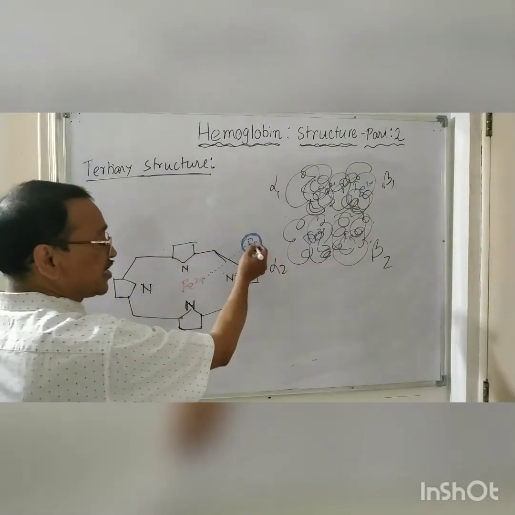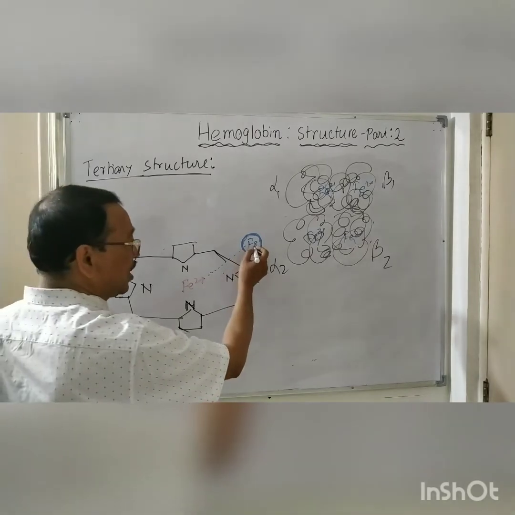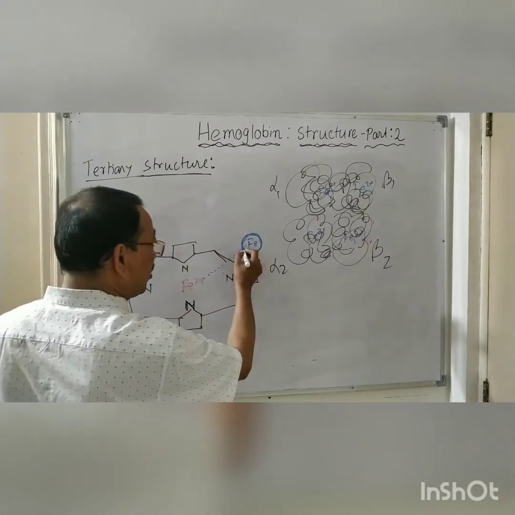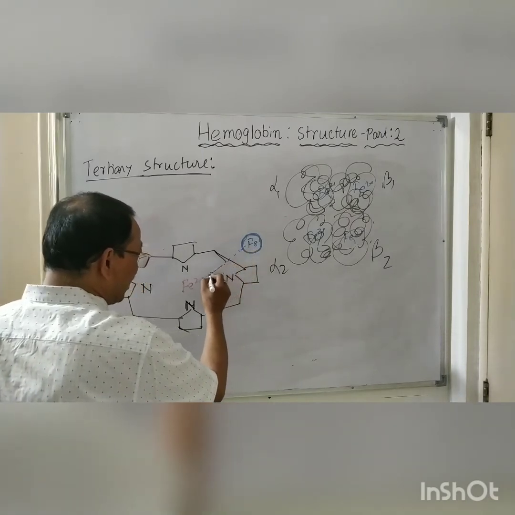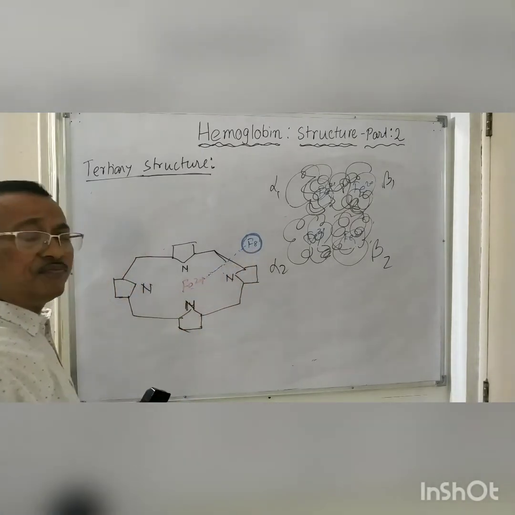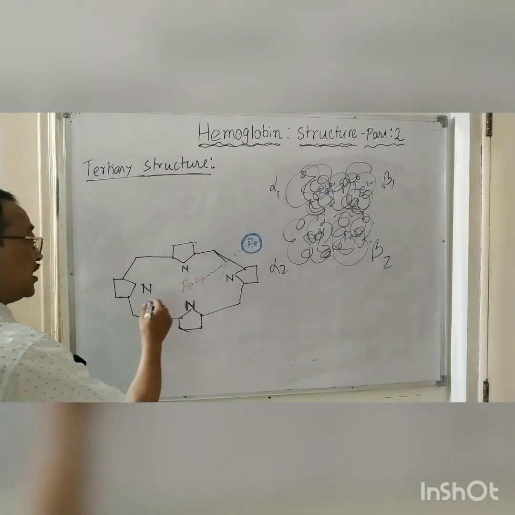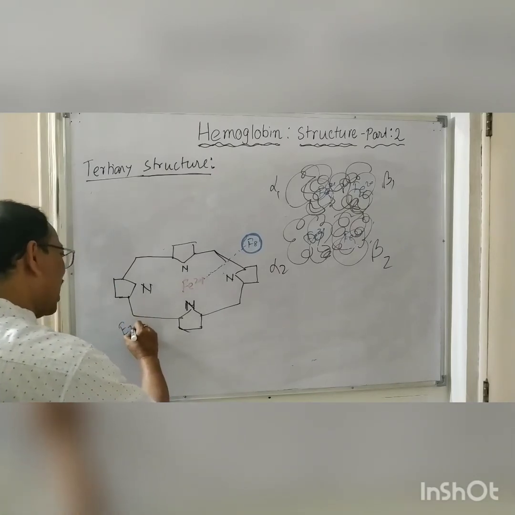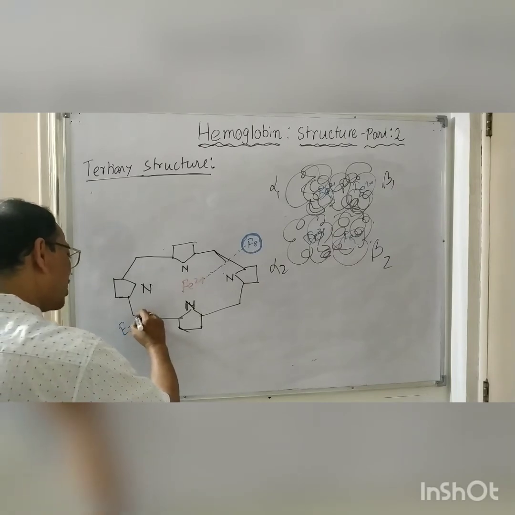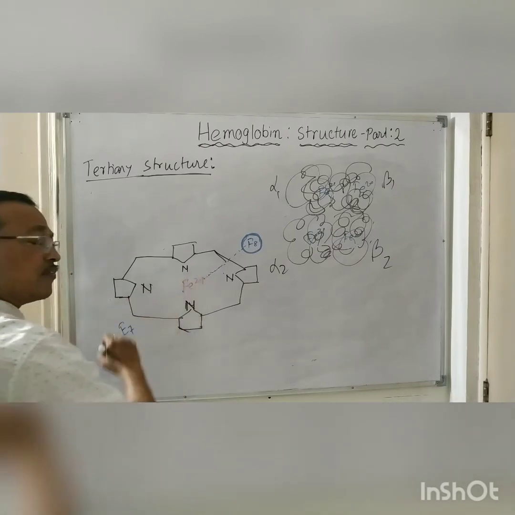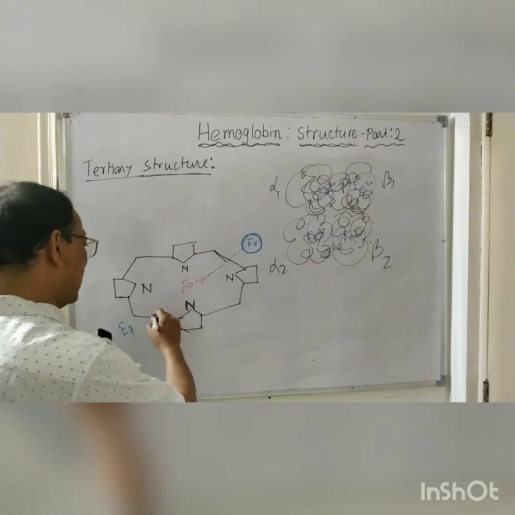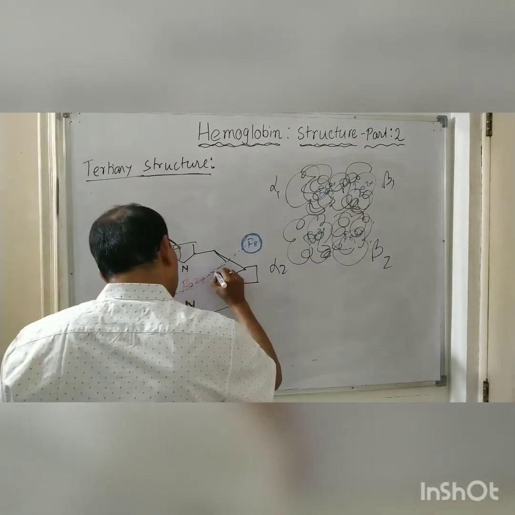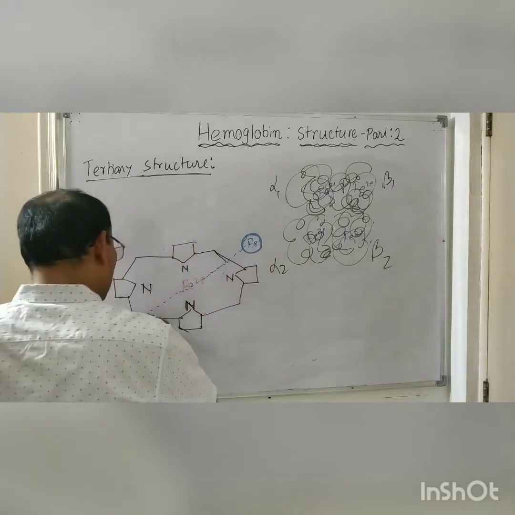The F8 residue, the proximal histidine residue of the alpha chain or the beta chain of the globin molecule, is covalently linked with the ferrous ion. And the E7 is not linked with the ferrous ion, but lies in a single plane, in a plane of the heme ring.